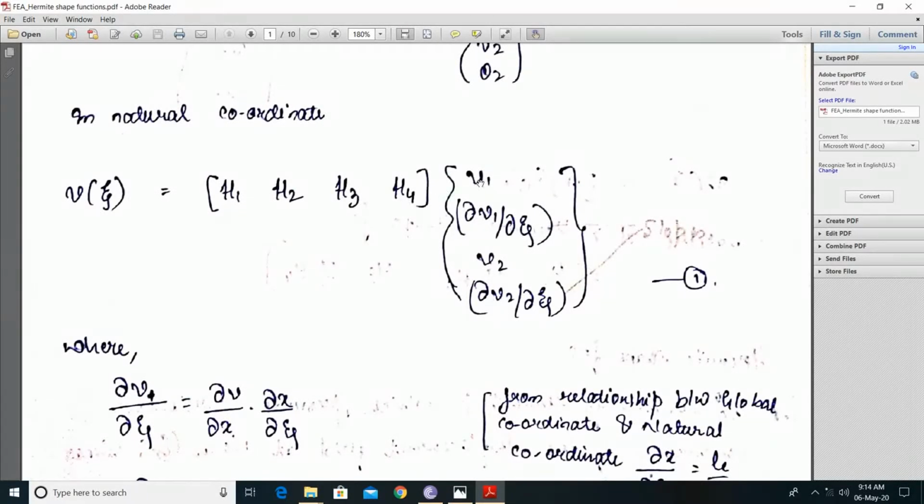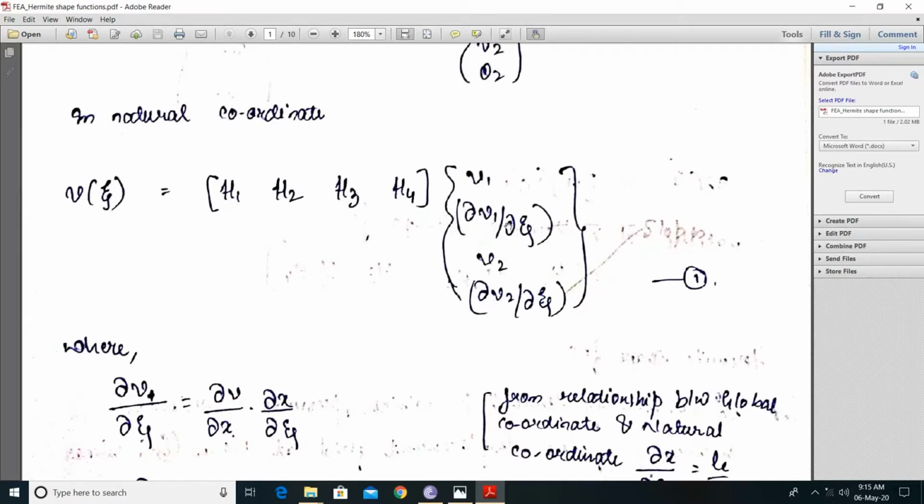And here v1, dou v1 upon dou xi, v2, dou v2 upon dou xi, where dou v1 upon dou xi and dou v2 upon dou xi are nothing but slopes with respect to v1 and v2. But we cannot write dou v upon dou xi here, we need to have theta 1 and theta 2.